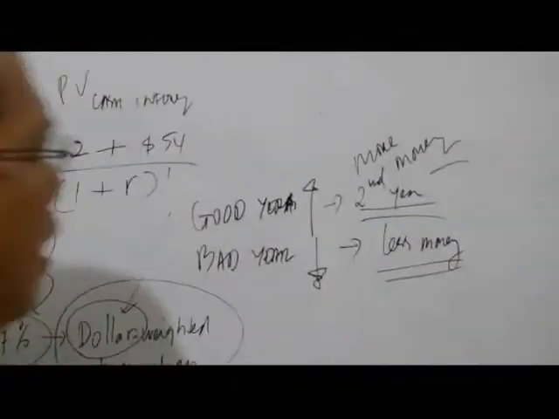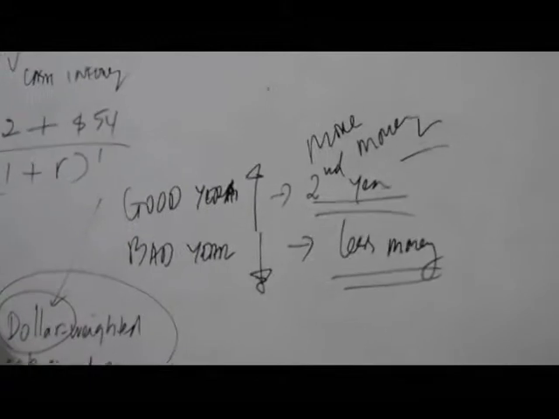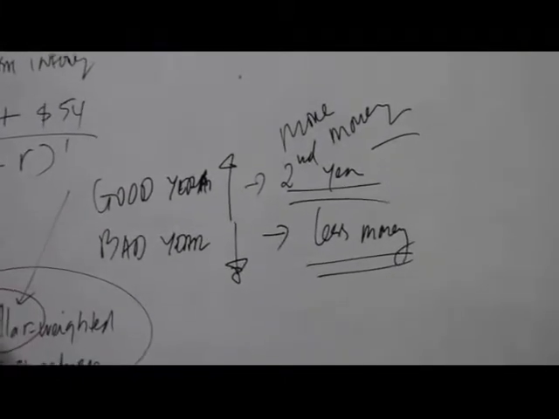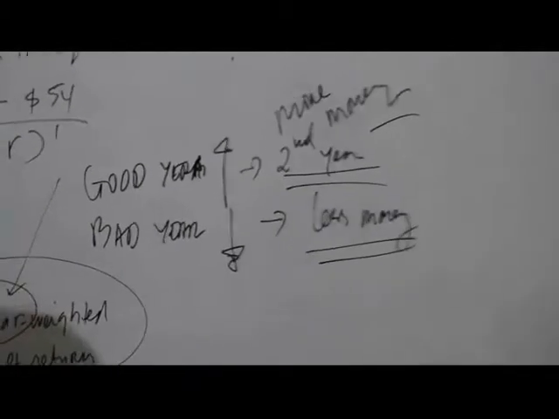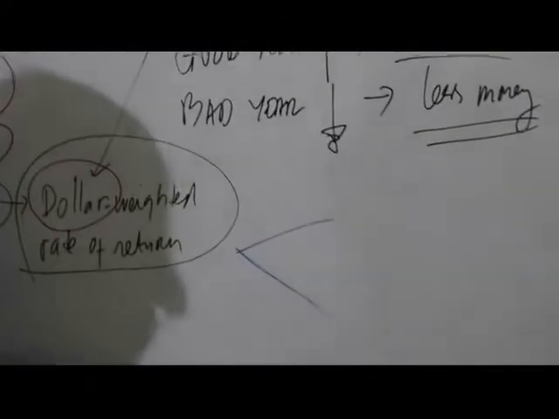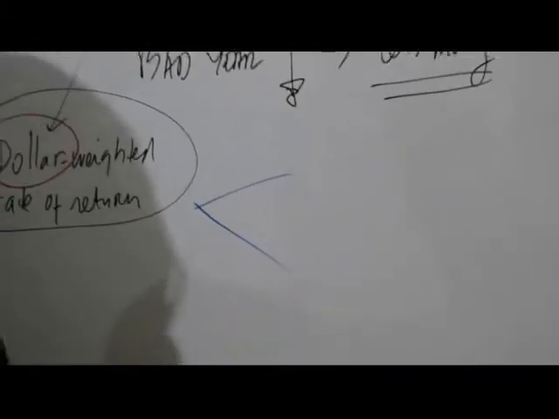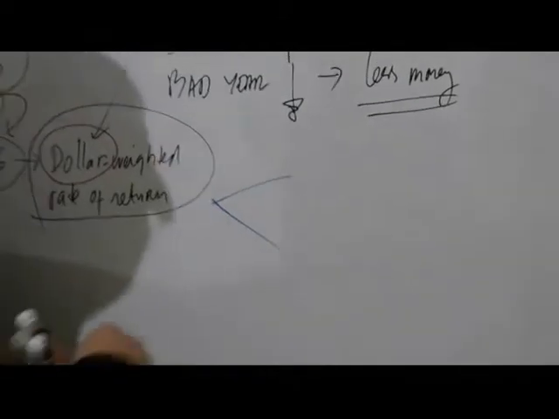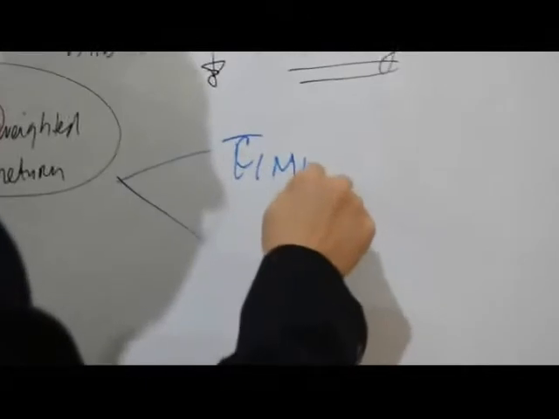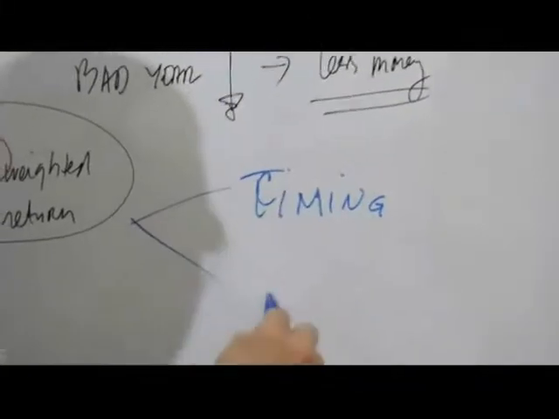But probably you say, hey, I have no control over this dollar. Why? Because especially in the portfolio industry, for example the pension fund, the portfolio manager has no control over two things: the timing and the amount.